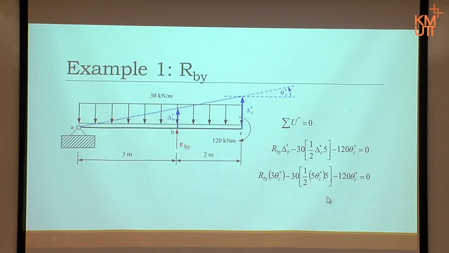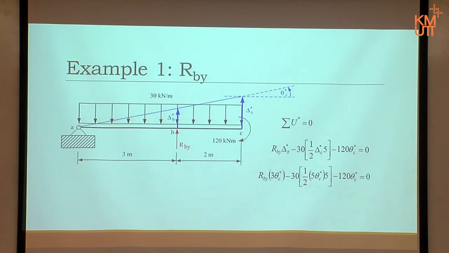And then I substitute into that equation we already have. Notice now that we have theta C star in every term. In this case, it means I can take it out as a common factor. And I already said it, theta star is not zero. It is small, but it's not zero.